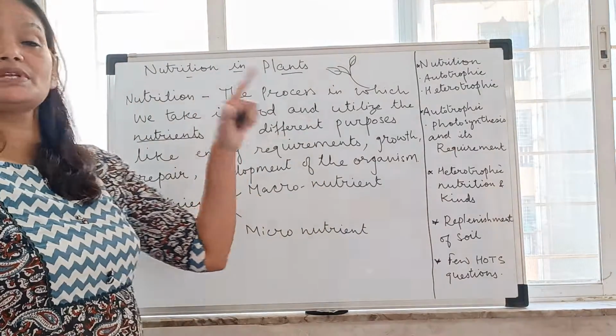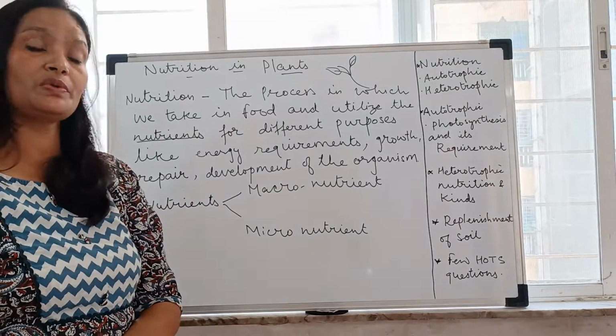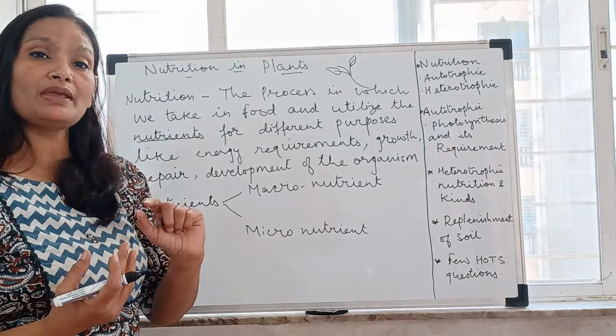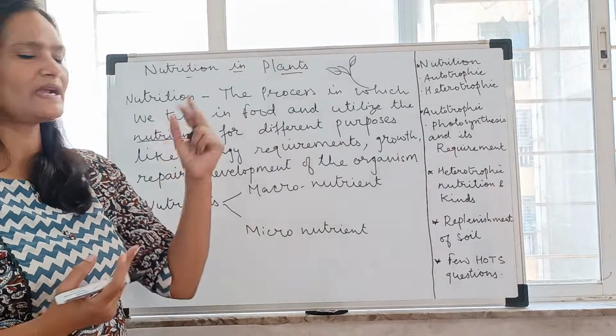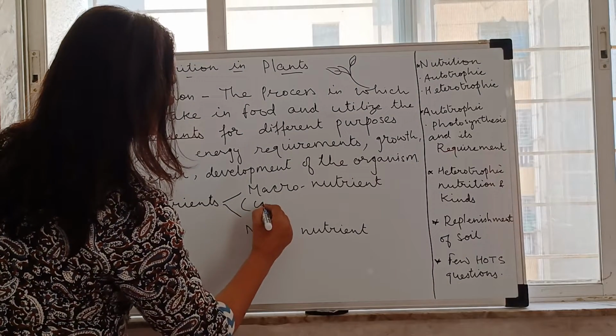In our previous class we have studied about macronutrients and micronutrients. This is just a recap. So macronutrients can be your carbohydrates, proteins, fats, etc. that we consume. So I'm writing it here in the bracket.